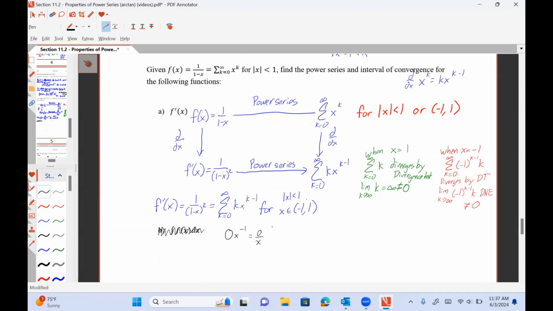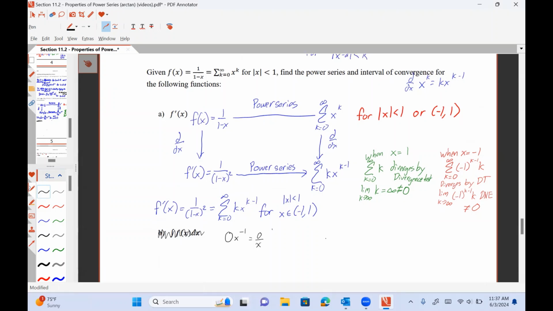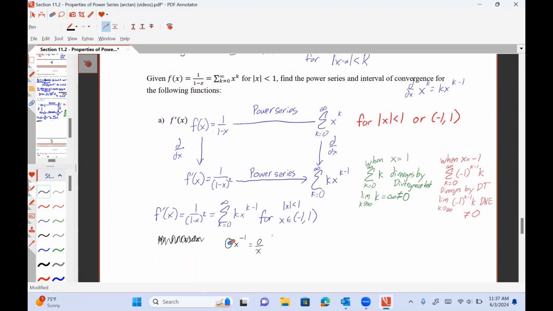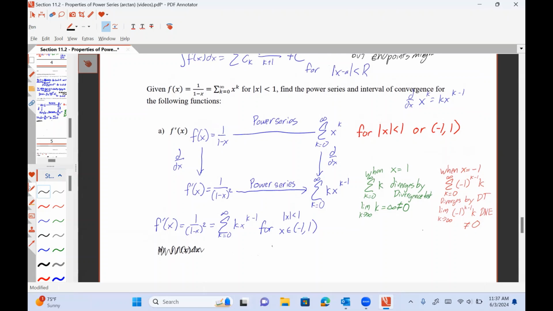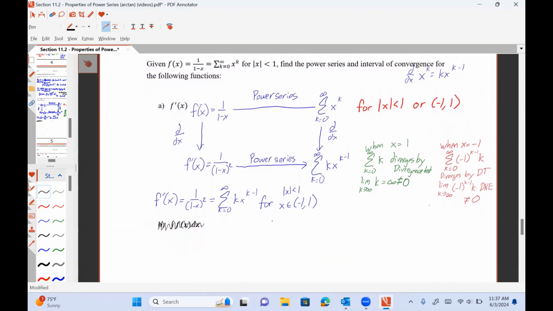So we'd really like to get rid of that term where we get a 0 over 0. So we're going to look back at the original series, k equals 0, x to the k.